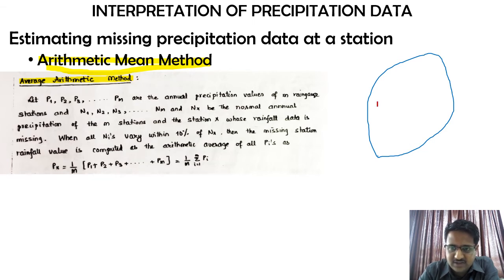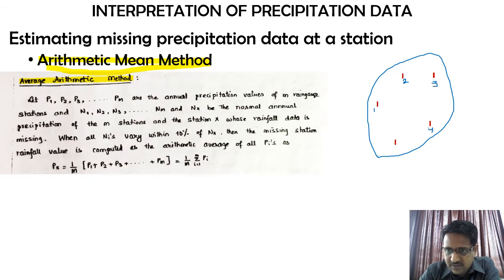So I'll call them 1, 2, 3, 4 and 5. We have 5 rain gauge stations with us. At this point of time let us give some names to those stations: this is first, this is second, this is third, fourth and fifth.